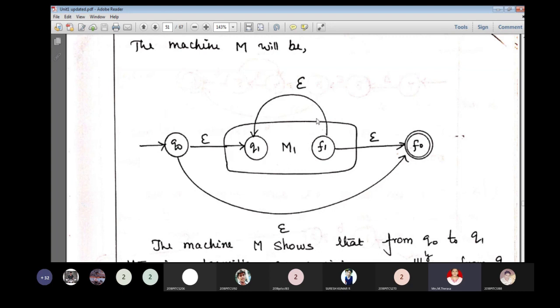In order to read the regular language of M1, that is L of R1, repeatedly, we draw an epsilon transition from F1 to Q1. This is to repeatedly read the strings of L of R1. Clear? Yes? Is it clear?